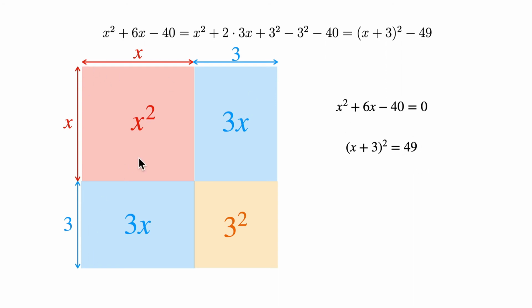So here the illustration is of course only for the positive solution x. You have seen that this equation has two solutions, one positive and one negative. This is obviously just a geometrical illustration for the positive solution.